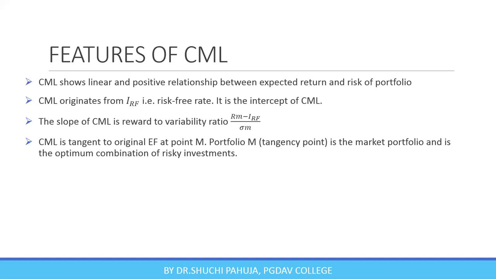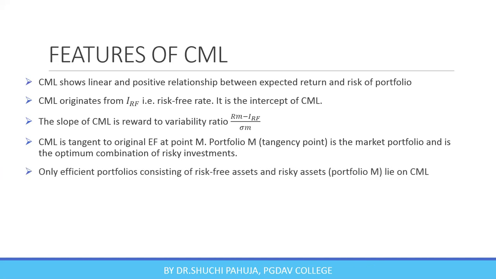This you can say is the optimum combination of risky investments. Only efficient portfolios consisting of risk-free assets and risky assets lie on CML. Keep this in mind: if any portfolio lies above or below the CML, it is not an efficient portfolio.